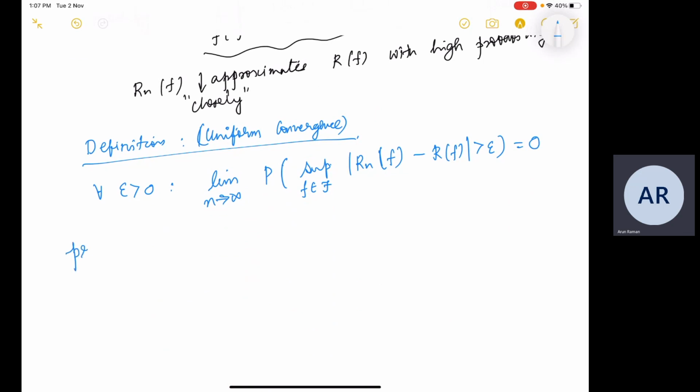Now we have a proposition which addresses the utility of uniform convergence.